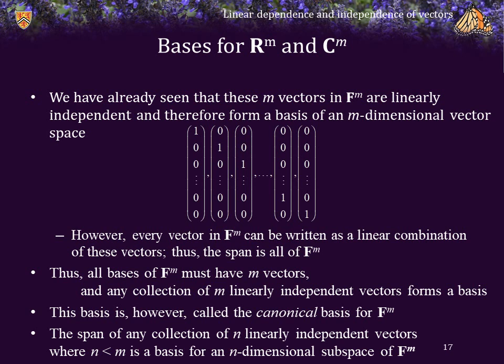Also, the span of any collection of n linearly independent vectors in F to the m, where n is strictly less than m, is therefore the basis of an n-dimensional subspace of F to the m.